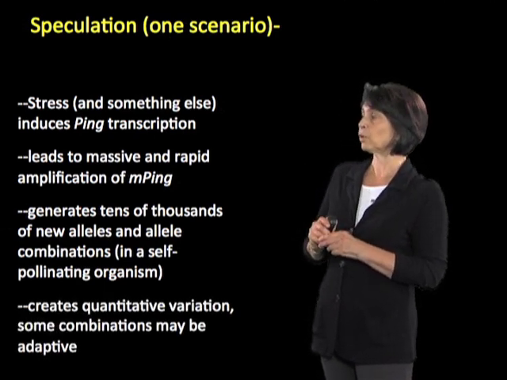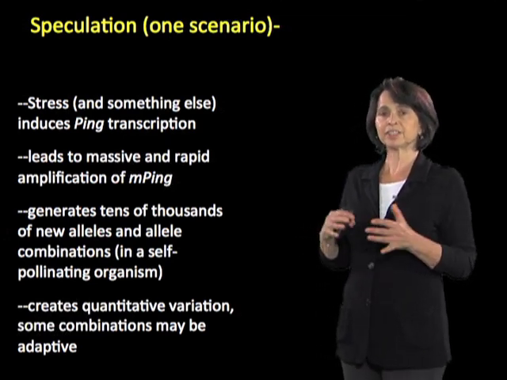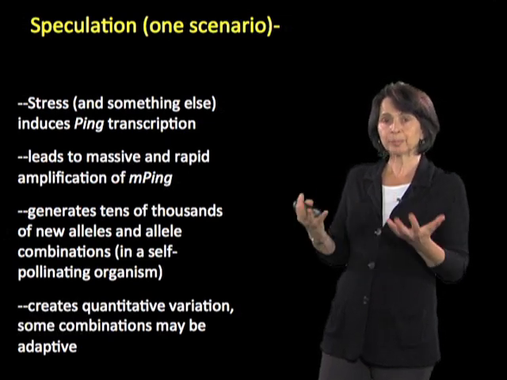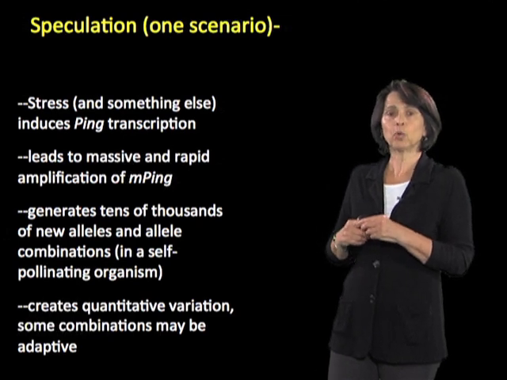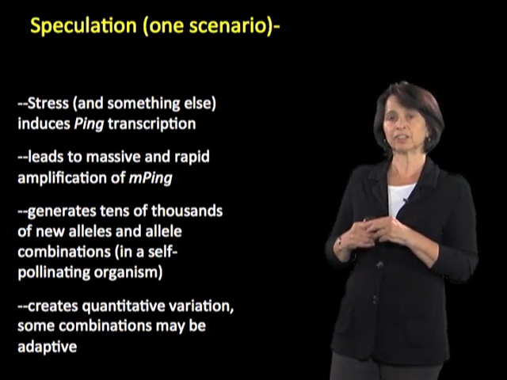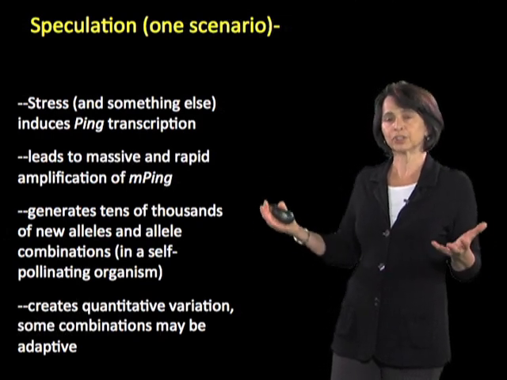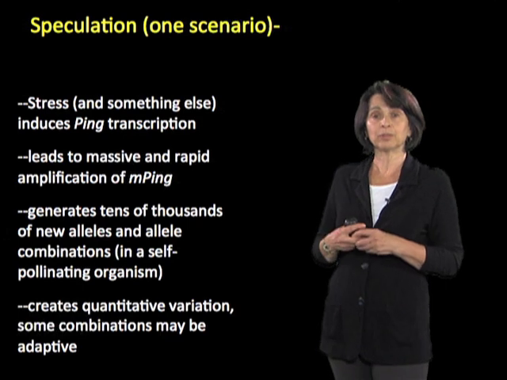So what we're hypothesizing, we see it at the transcription level, is that this amplification creates transcriptional changes, and we're hypothesizing that these changes can lead to quantitative variation, so changes in cold tolerance, changes in drought tolerance, changes in desiccation. But that's the point that we're now testing.